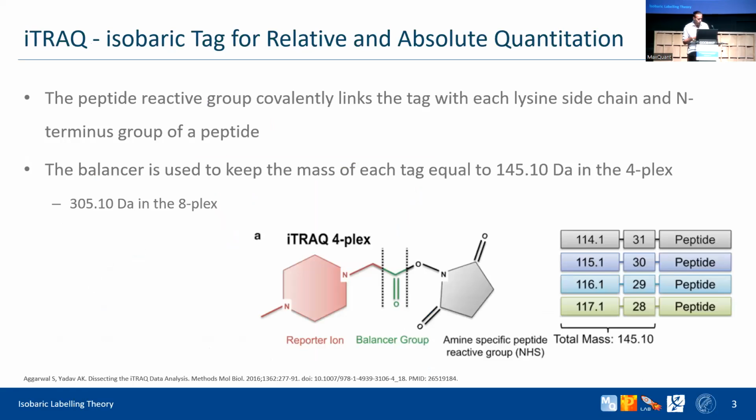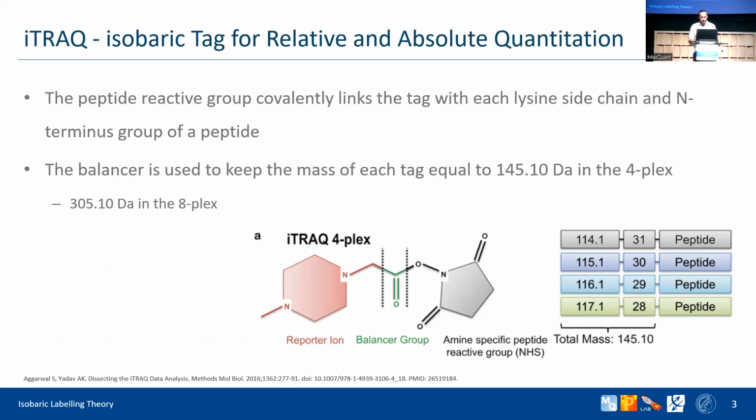So to get the general idea, we start with iTRAQ, developed by SCIEX. TMT, which I will explain in the next slide, is developed by Thermo Fisher. The basic ideas are the same, but let's start with the simple example of a 4-plex isobaric tag with iTRAQ.